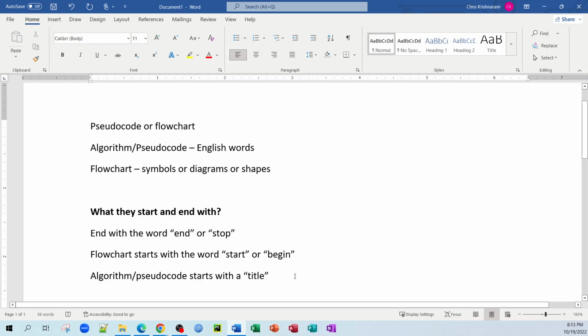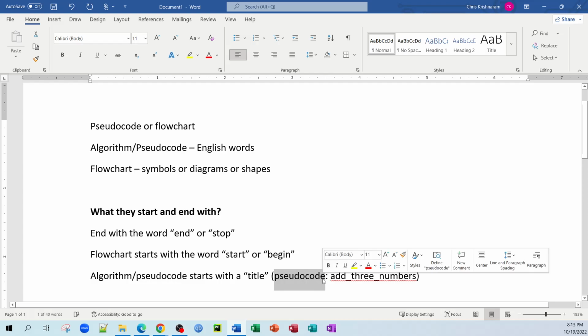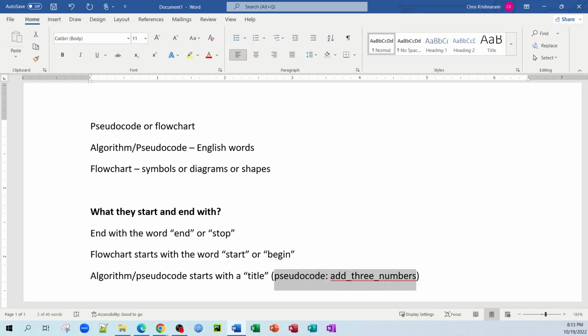So as Amina mentioned, it's going to look something like pseudocode add_three_numbers. That there is an example of a title. So you're creating a pseudocode. If it was an algorithm, you would have the word algorithm. But then after the colon, we have the title of that pseudocode that we're creating, and this indicates the start of your algorithm or pseudocode, whichever one you're creating.